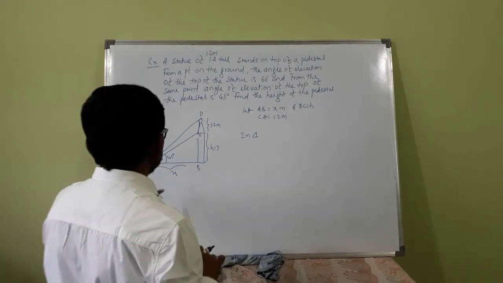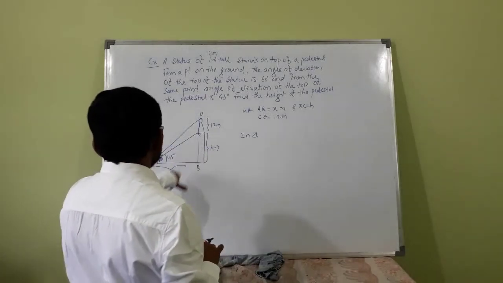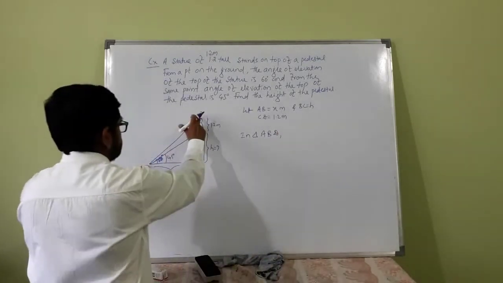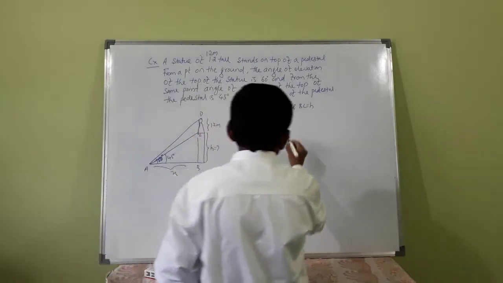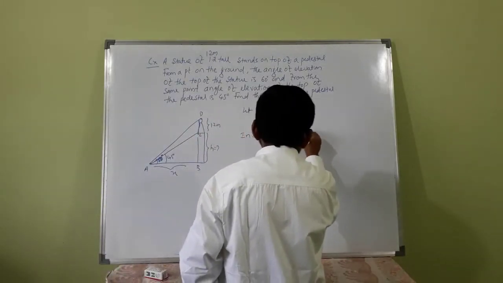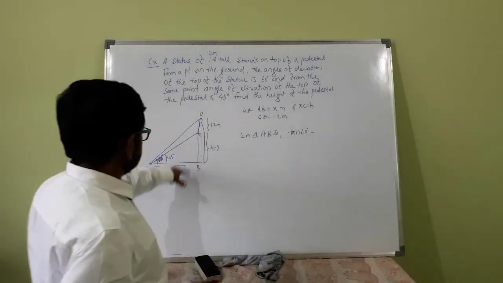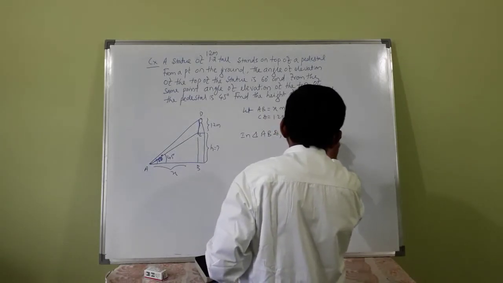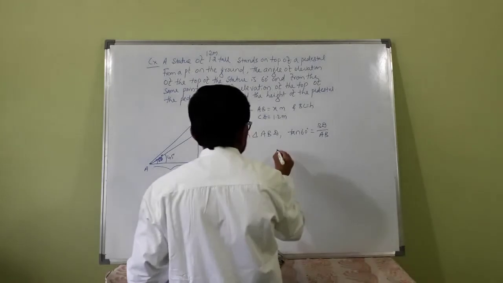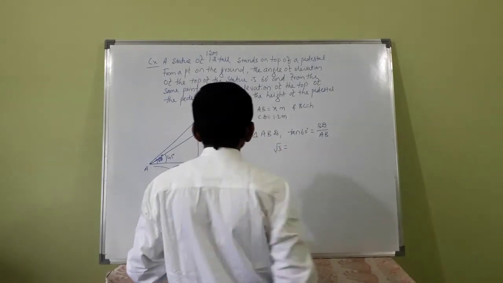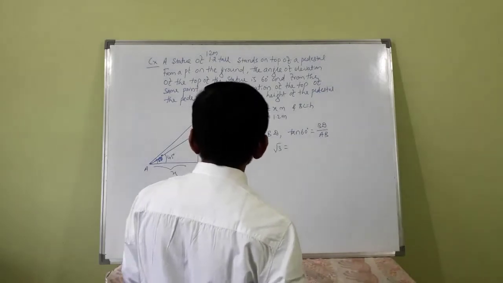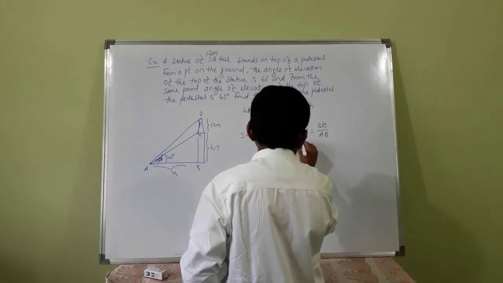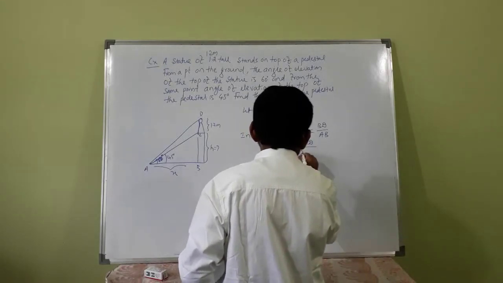In a triangle, consider either one of these, ABD. In triangle ABD, tan 60 degrees is equal to BD by AB. That is, tan 60 means root 3, and BD means BC plus CD, divided by x.